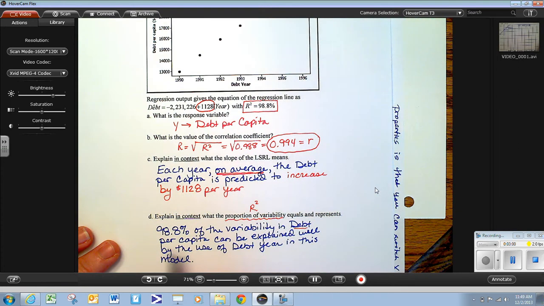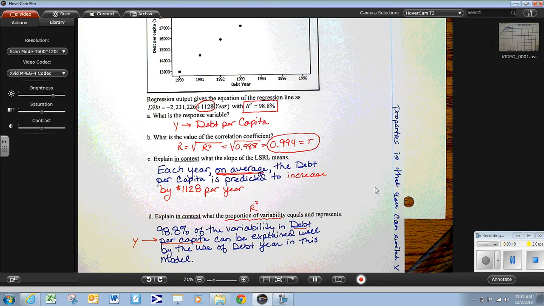This needs to be your response variable, your y variable, can be explained well by the use of debt year in this model. So the key would be to not say that we can predict exact values 98.8% of the time, but instead that it only explains the variability. That could be for every point, for just a few points along the way, but it's the amount of variability. Think of how you calculated r squared by looking at the total error in reference to if we had only worked with the mean.